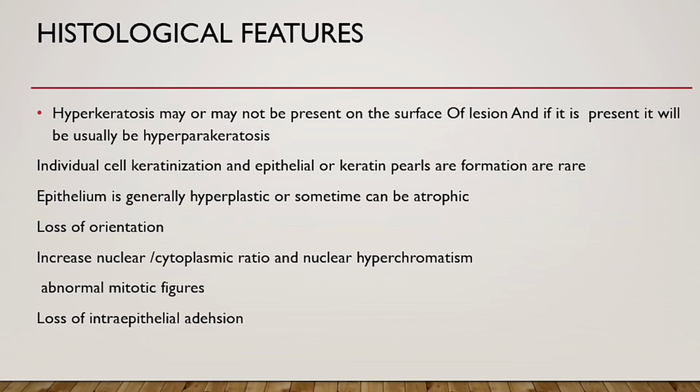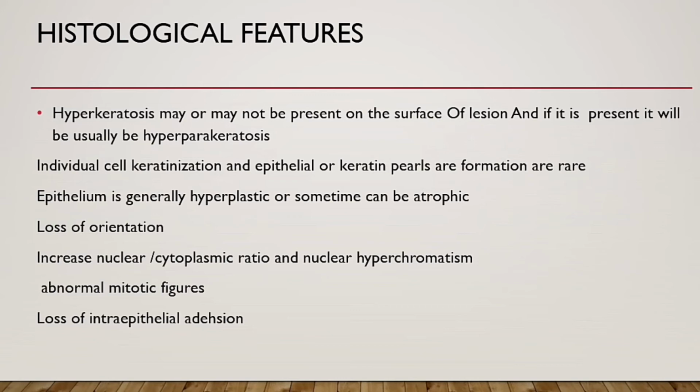Let's see the histological features of carcinoma in situ. Hyperkeratosis may or may not be present on the surface of the lesion, and if it is present, it is usually hyperparakeratosis. Hyperparakeratosis is the condition where there is keratosis but the nucleus is still retained.